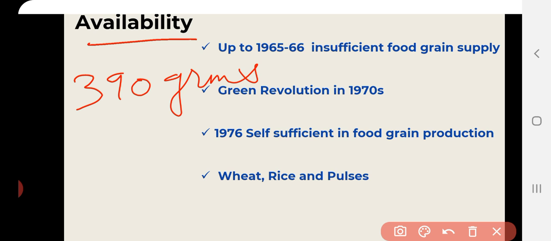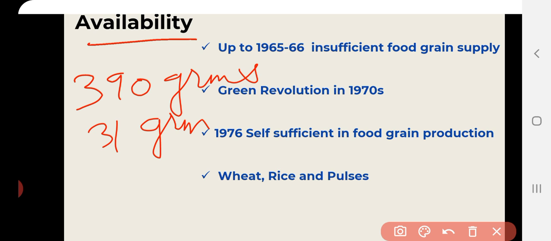On the other hand, if we see the per capita per day availability of pulses, it comes to near about 31 grams. So here we can see the difference in the quantitative availability of food grains, 390 grams and just 31 grams.